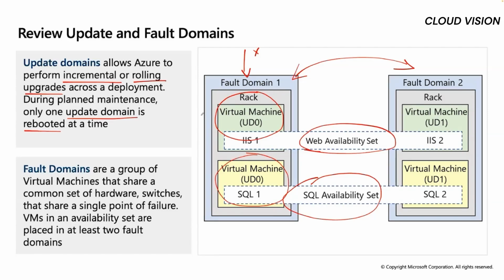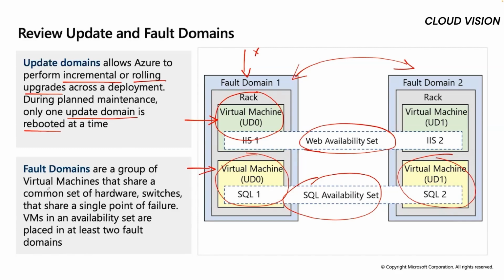If an update is happening and I'm updating this virtual machine, so let's assume that I'm upgrading the OS or patching the operating system, or even fixing the web server, while I'm doing this planned update, we can switch over to this virtual machine to perform the business as well. The similar thing happens on this virtual machine. When this update is happening, it can switch over to this virtual machine.